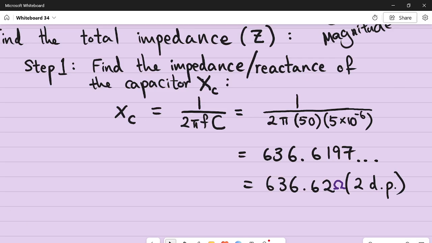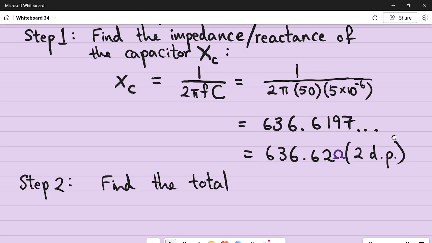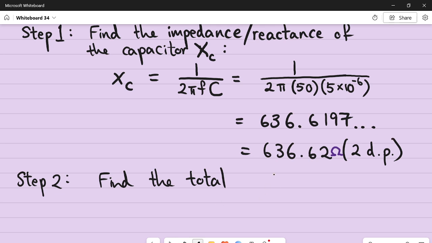Now step 2. Okay, so now we're going to find the total impedance. Your page number might be slightly different, but it should be there. Find the total impedance, Z. So we write the formula out.